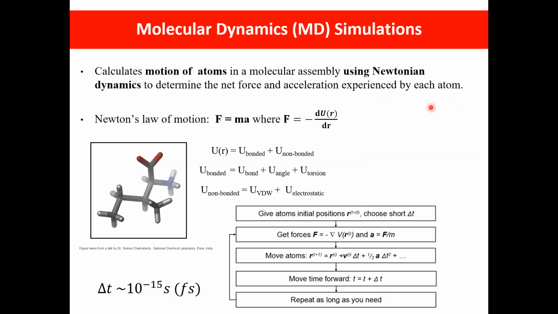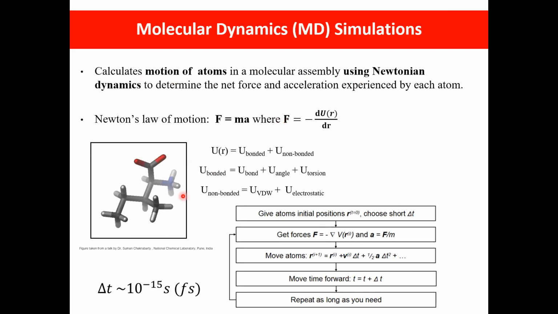If somebody asks you what a molecular dynamics simulation is, you can say that we look at the motion of each of the atoms of a biomolecular assembly. It can be a biomolecule, it can be a protein. We calculate the force experienced by each atom, and from the knowledge of that force, we calculate its successive position. So basically, we solve Newton's equation of motion, F equals ma.